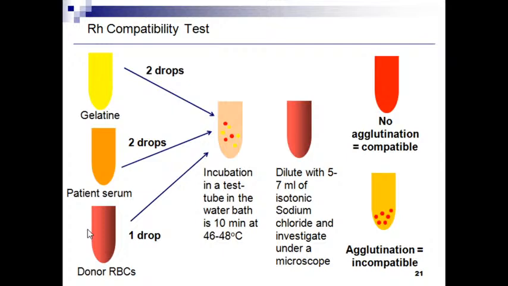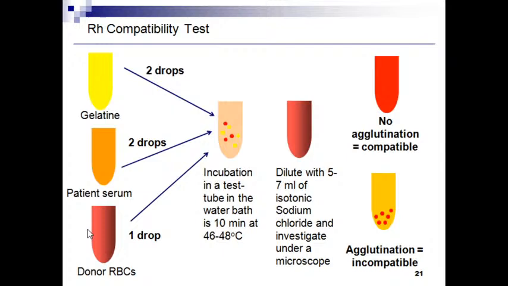We should mix them in the test tube and put into a water bath for incubation during 10 minutes at temperature 36 to 38 degrees. After incubation, we should dilute the portions with isotonic sodium solution and investigate under the microscope.